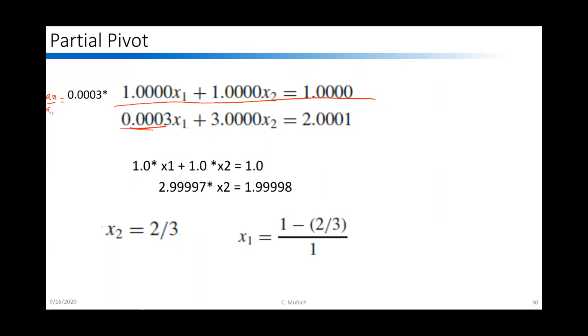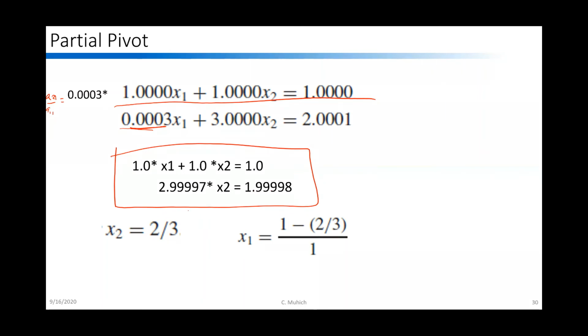When I multiply through and do all the forward elimination, I end up with this equation. I now have 0 times x1 plus 2.99997 times x2 equals 1.99998, and 1 times x1 plus 1 times x2 equals 1.